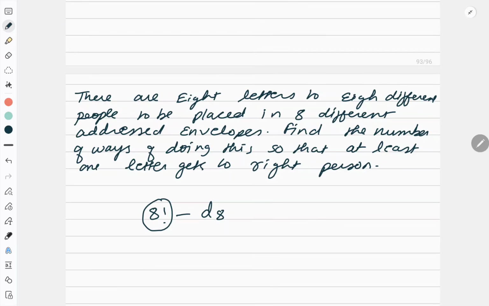Then that combination won't be a derangement. So when I am subtracting D8, if 1 is going at the correct one, I won't mind. D8 represents when none of them is going at the correct position. So this will give me the answer that at least 1 will go at a correct place, because I am okay with 1, I am okay with 2, I am okay with 3. Correct? Now let us see the next question.